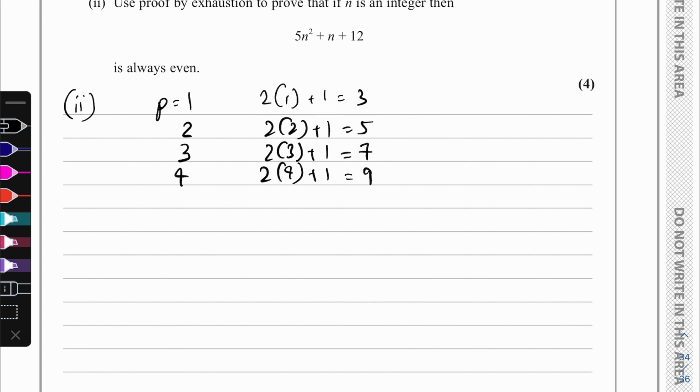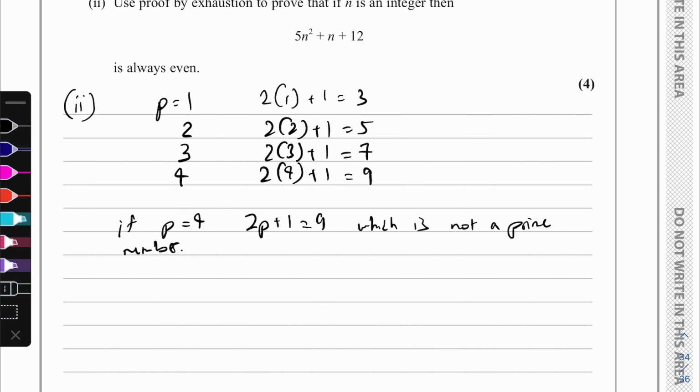So we can say if p equals 4, then what? What's the full statement? We say then 2p plus 1 equals 9, which is not a prime number. Alright, that's it. We use p equal 4, and that's the 1 mark.